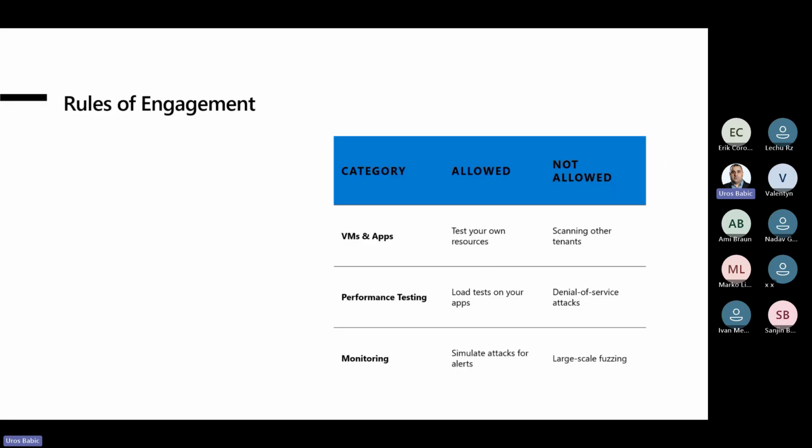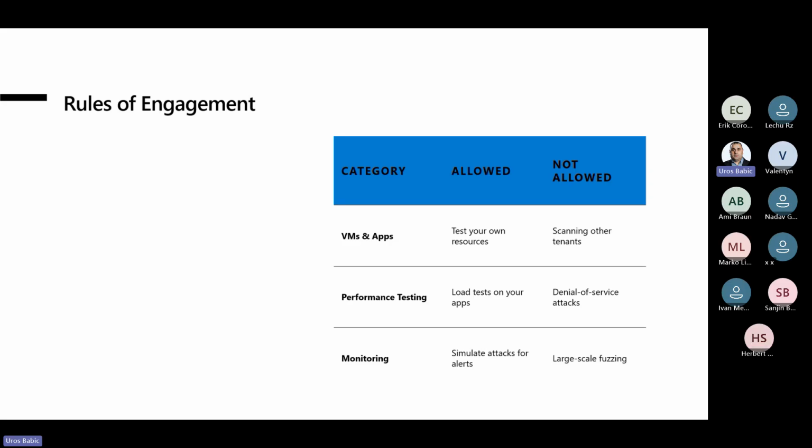And finally, we have a very important part in our strategy and definition regarding the penetration testing platform, and that is the rules of engagement, with some categories of what is allowed and what is not allowed.